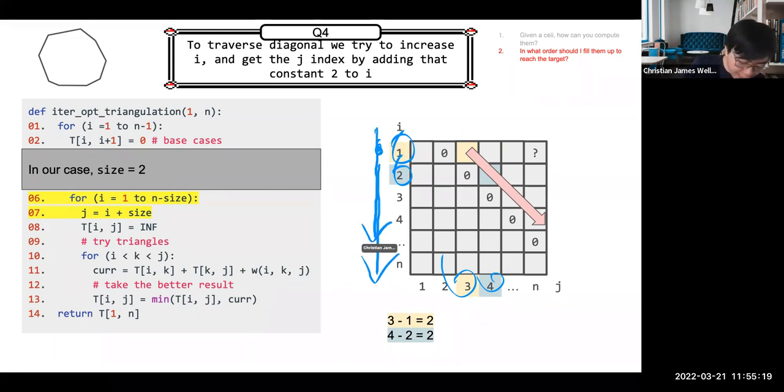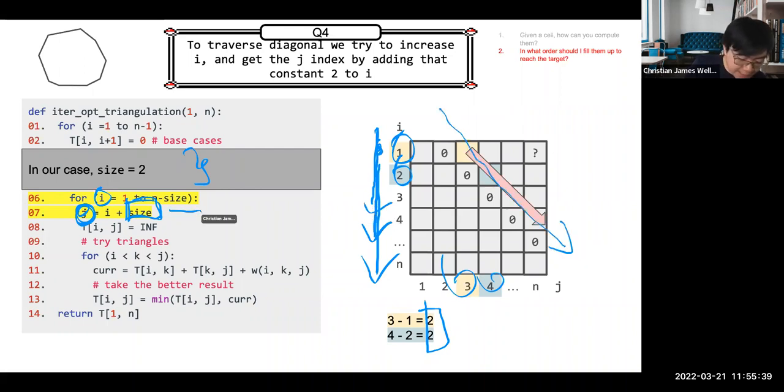But then for the value of j, you increment by some fixed constant. In this case, our fixed constant is 2. This is the size, which we'll iterate through later. So for i, this is the left point. To compute the diagonal, you add a fixed size. In this case, imagine the size is 2 to traverse this diagonal over here.